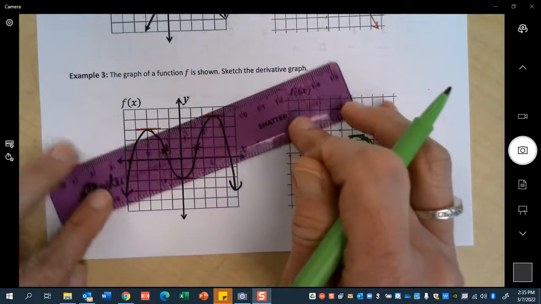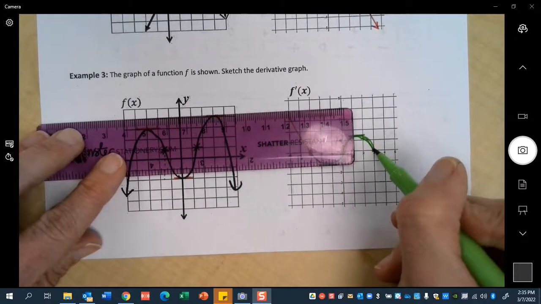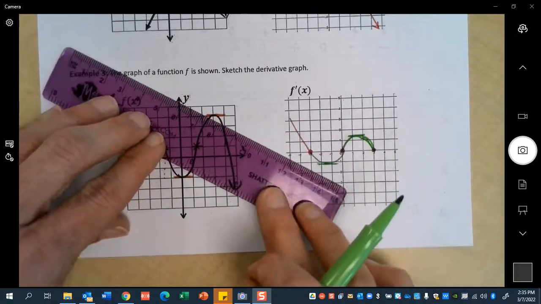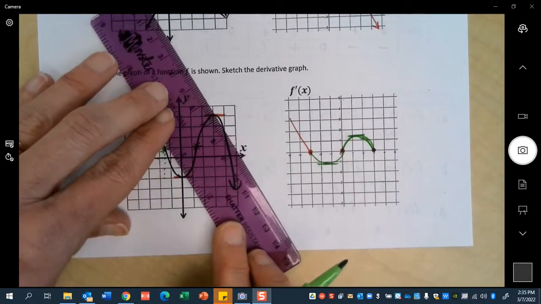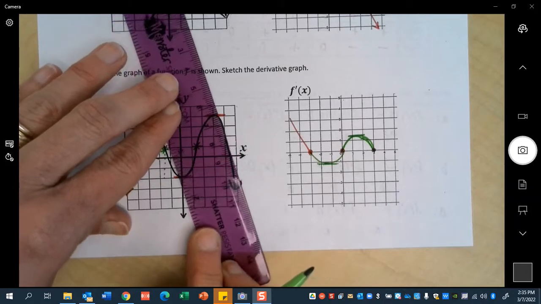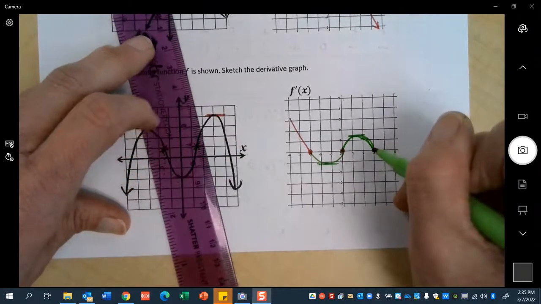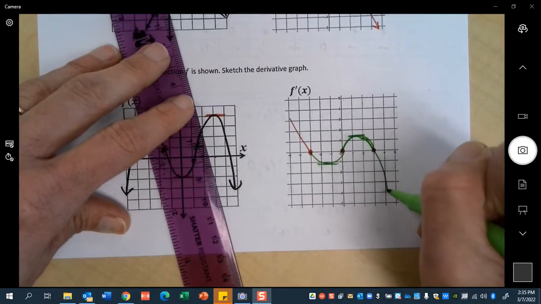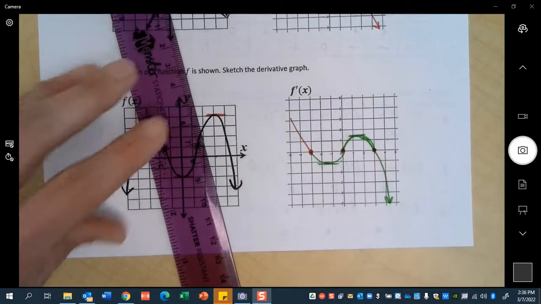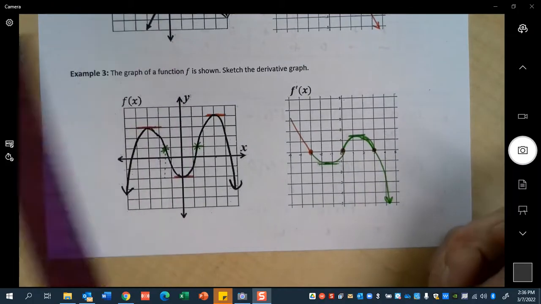This takes me all the way up to here where my derivative is equal to 0. And what happens here? It becomes negative, and it continues going down forever.